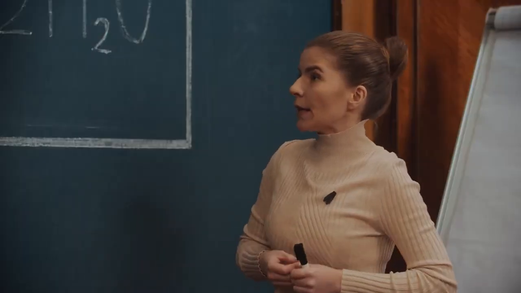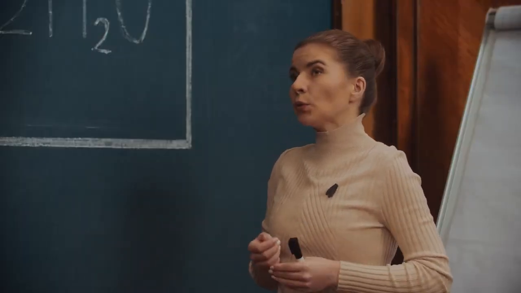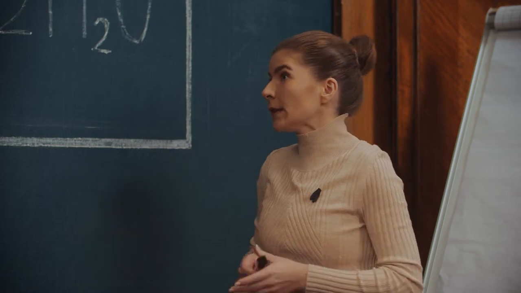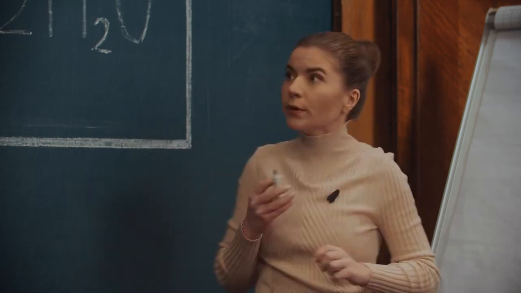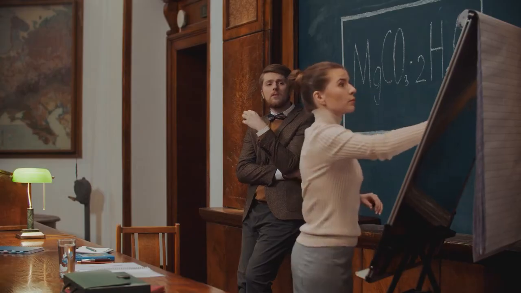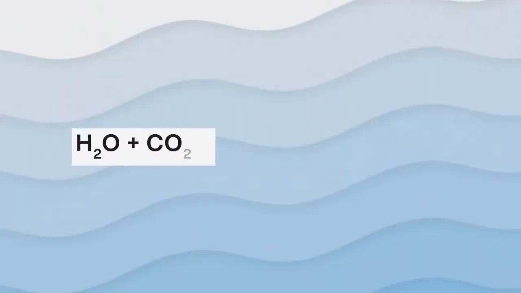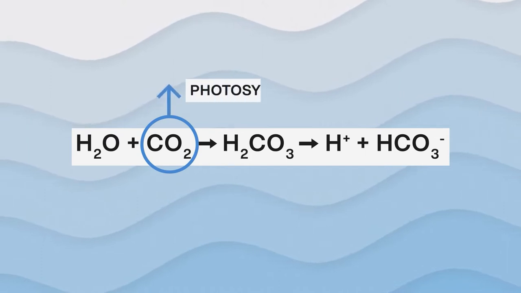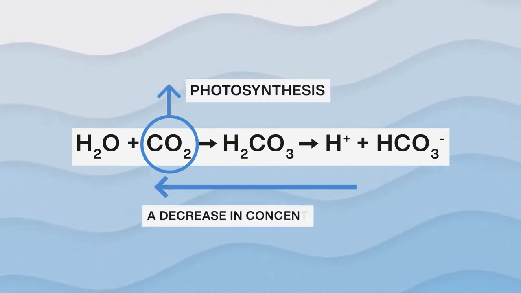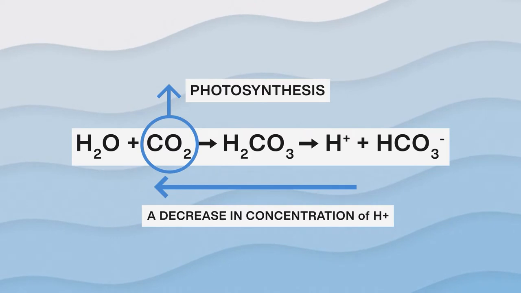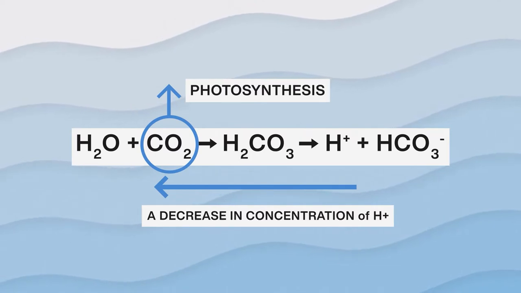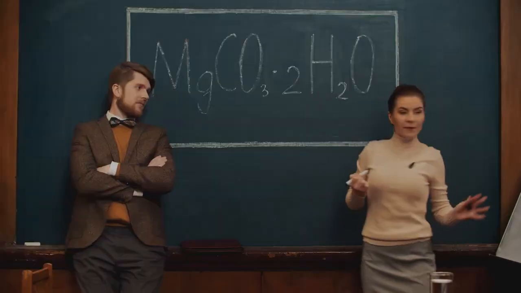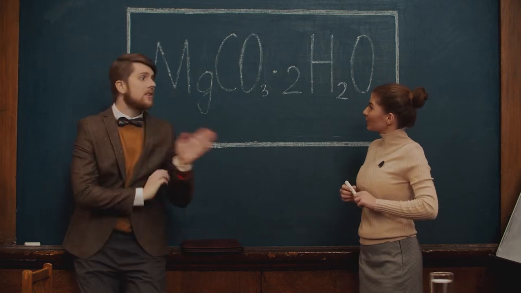The change of pH in wetland water, along with intense plant photosynthesis, can be described by the following equation. During photosynthesis, plants absorb dissolved carbon dioxide. The absorption of carbon dioxide by plants shifts the pH to a more alkaline state. That's my answer, Professor. Fantastic, Betsy.